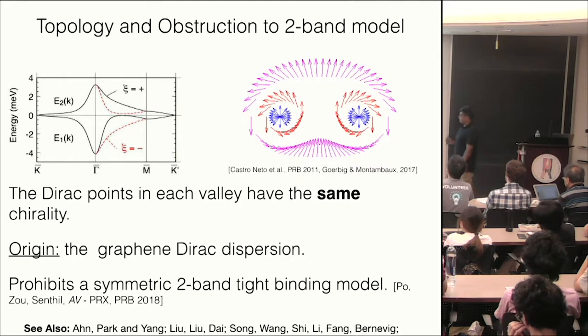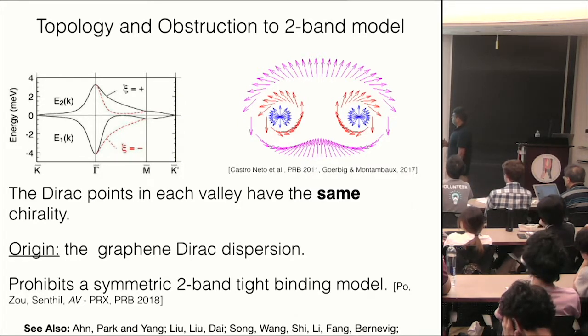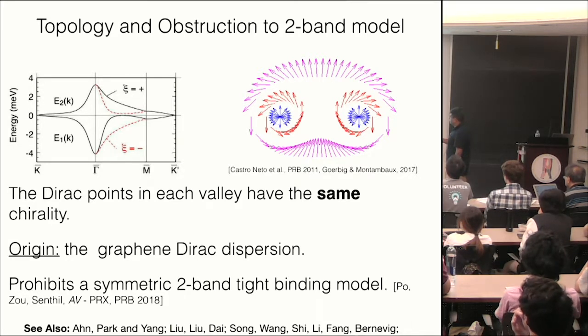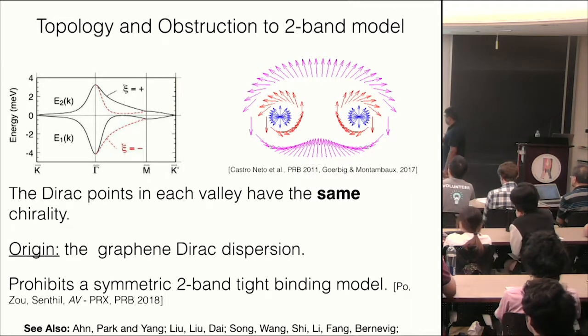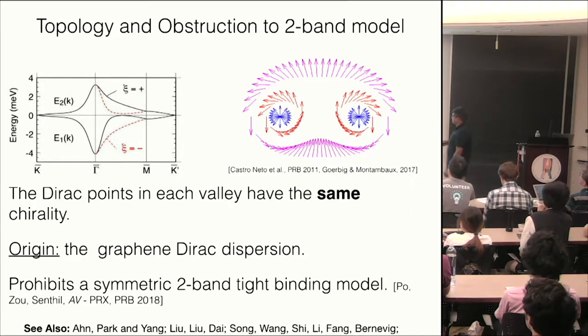There are different ways of thinking about it, but this is the most physical way, at least for us. If you just examine the chirality of the Dirac points, how these wave functions wind around these two points, it turns out that they both have the same chirality. You actually have enough symmetry to define this chirality properly: you have the C2 rotation symmetry by 180 degrees.